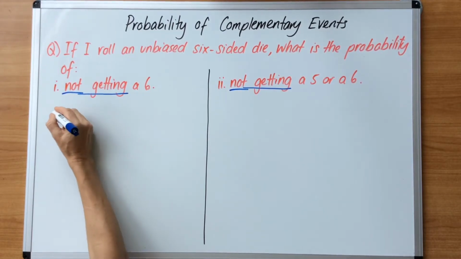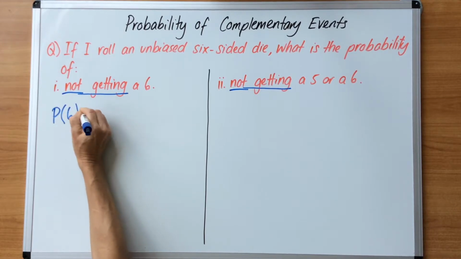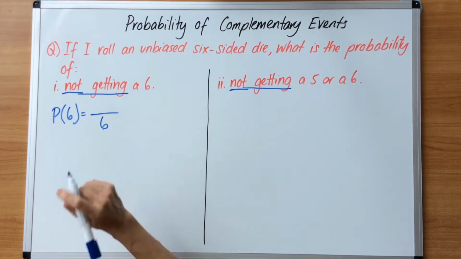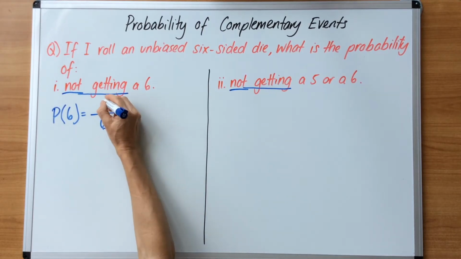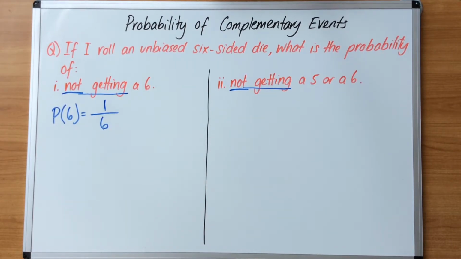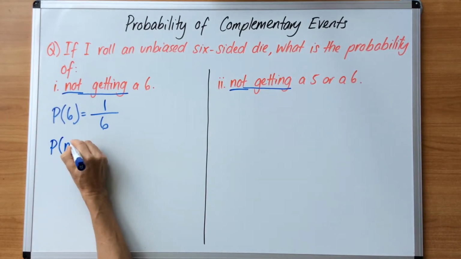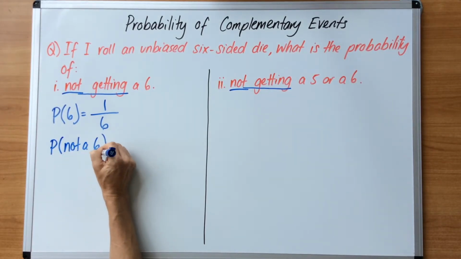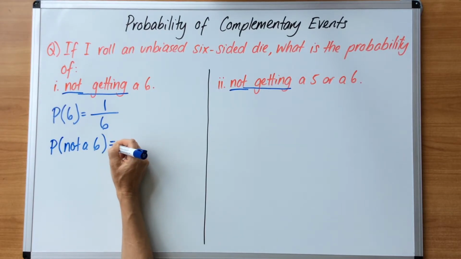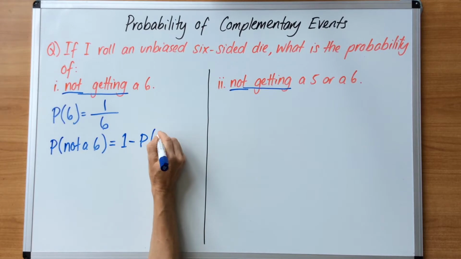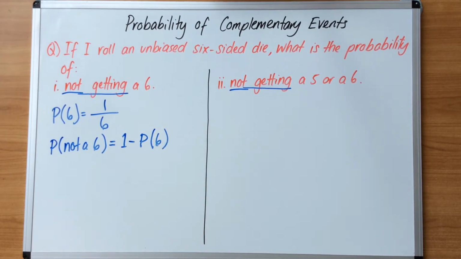So the first thing we're going to do is figure out the probability of getting the 6. Now a 6-sided die has 6 sides and therefore has 6 numbers, and there is 1 six on that die. So we now know that the probability of getting the 6 is 1/6. So now we do the opposite. The probability of not 6 equals 1 minus the probability of getting the 6.